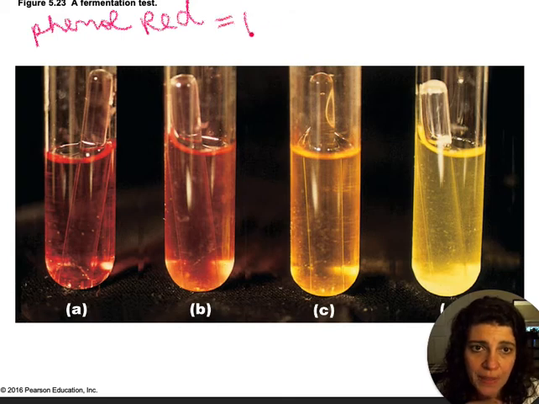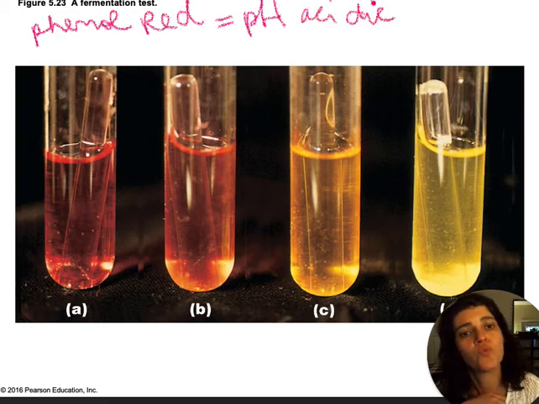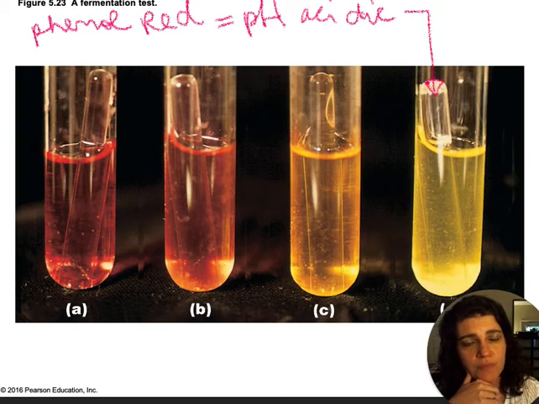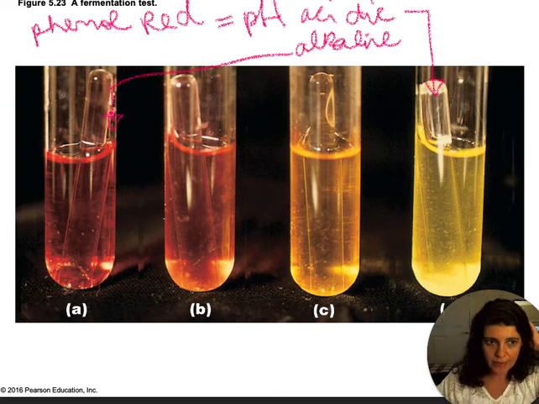So when the pH of the medium is acidic, what's going to happen? It's going to turn yellow. When the pH is alkaline, when the pH in this whole broth, in this whole medium, is alkaline, it's going to be pink or red, okay?